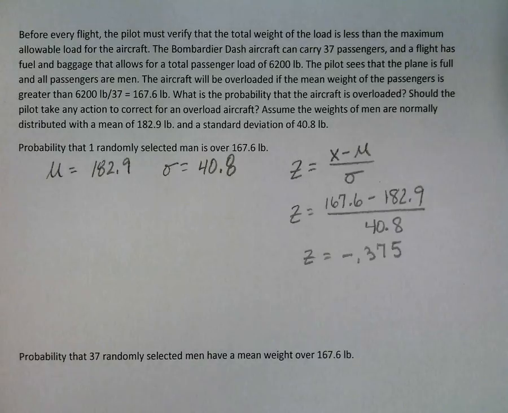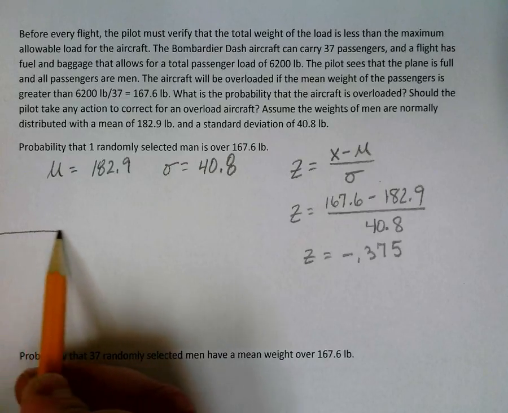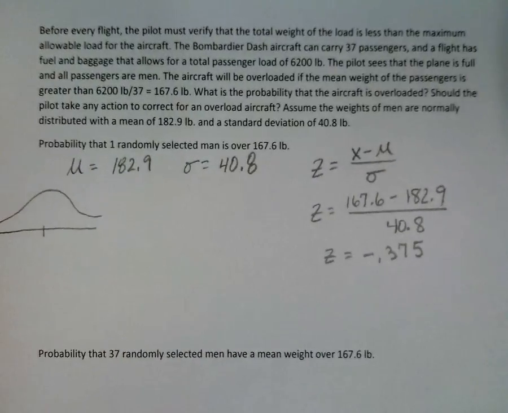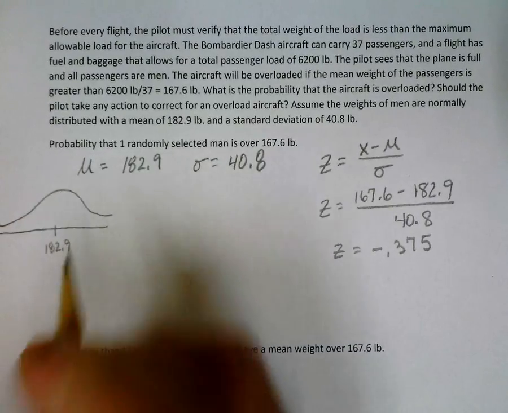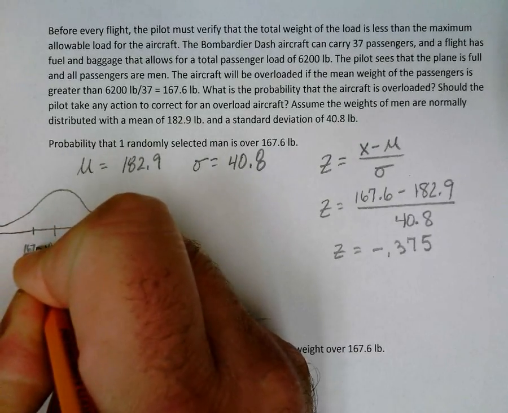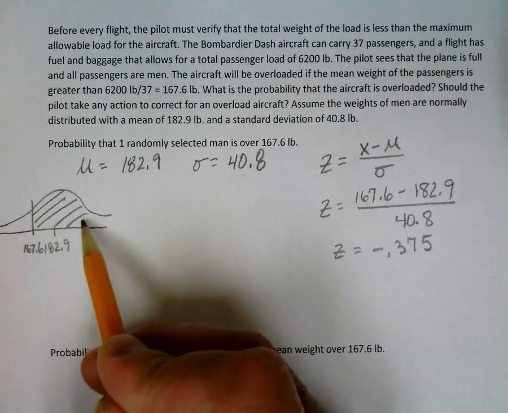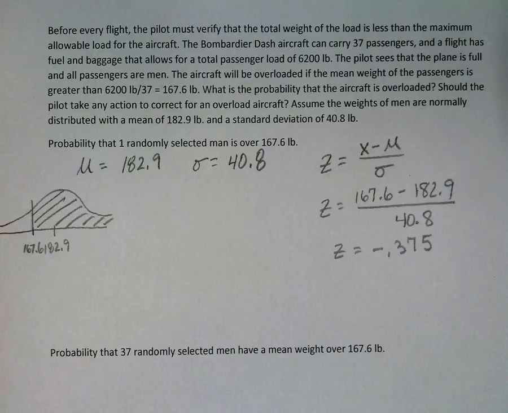Okay, so if we look at this graphically, we've got our normal curve, we've got our mean in the middle, and our data value is less than the mean, and we want to find the probability that one randomly selected person is greater than 167.6 pounds. So we want to find to the right of that data point on our curve.